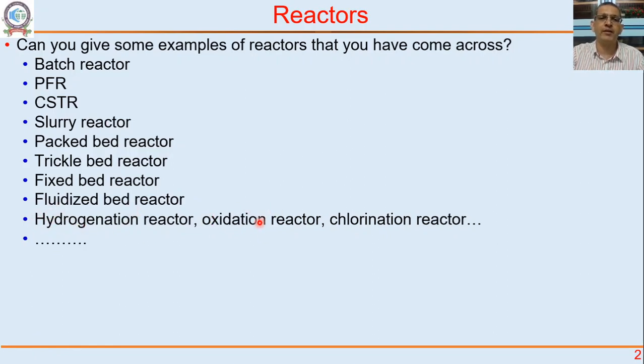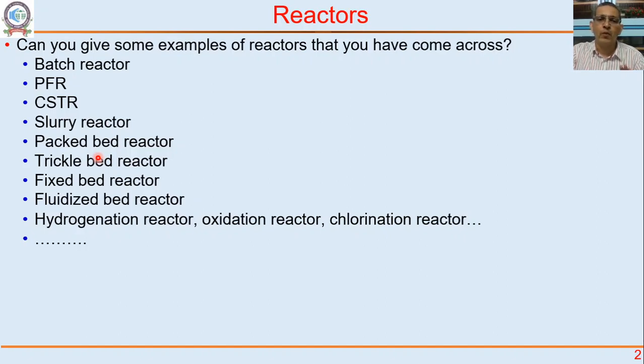If you have written oxidation, it involves oxidation using maybe oxygen, ozone, sodium hypochlorite, or some other oxidant. Chlorination, it could be say photochlorination you have heard of, or you have written fluidized bed reactor or trickle bed reactor. You might have written for example, say hydrodesulfurization or something like that. Now just pause and write down as many reactors as you have come across.